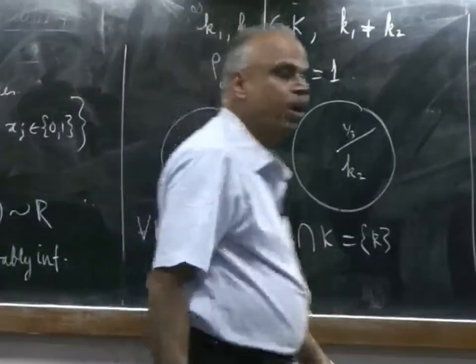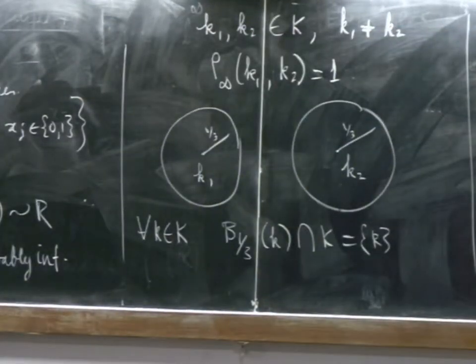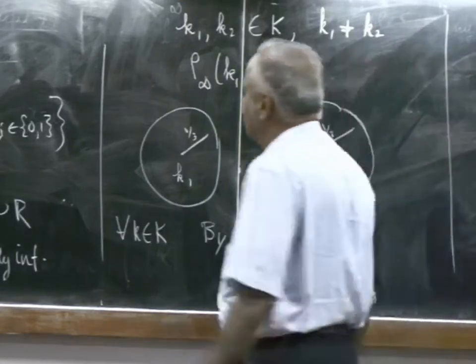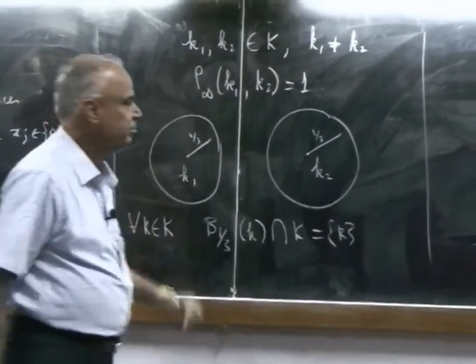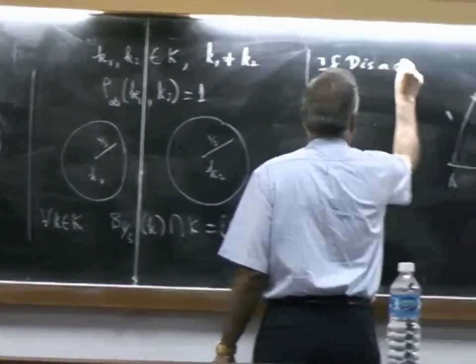So how many such balls do I get? If I construct a ball of radius 1/3 for each k, I will have uncountably many such balls. Now, suppose D is a dense set.